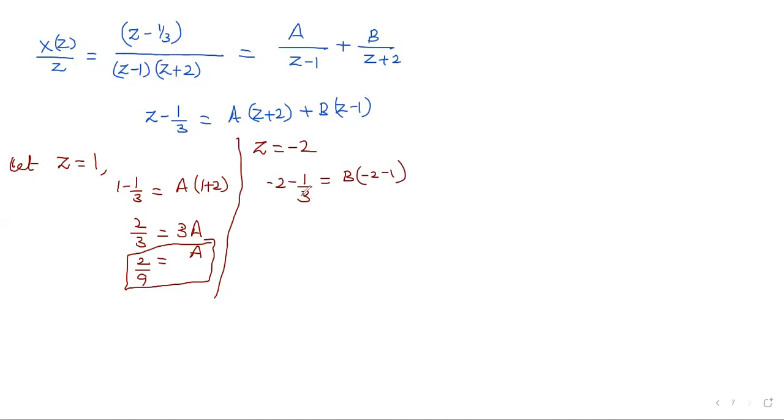Minus 2 minus 1 by 3 means minus 6 minus 1, that is minus 7 by 3 is equal to minus 3B. Now minus minus cancel. What is the B value we will get? B value is 7 by 9.